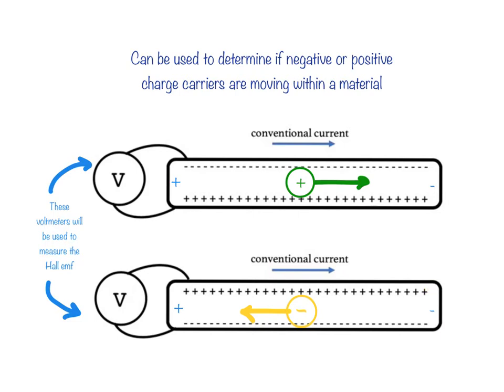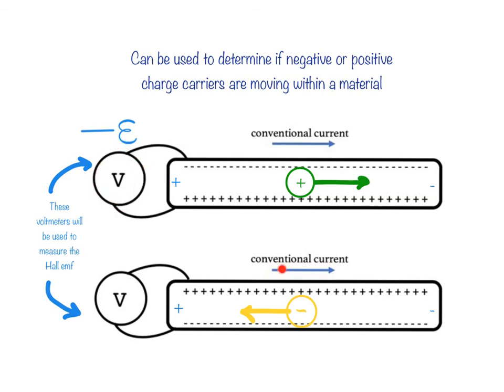So how will I use this now to tell me what actual charge carriers are moving through the current? Well, remember, I set it up in both cases exactly the same. So I have the battery facing exactly the same way in both cases. Now, when I look at the Hall EMF, what would be measured here on this voltmeter, I would see a negative EMF in this case, let's say.